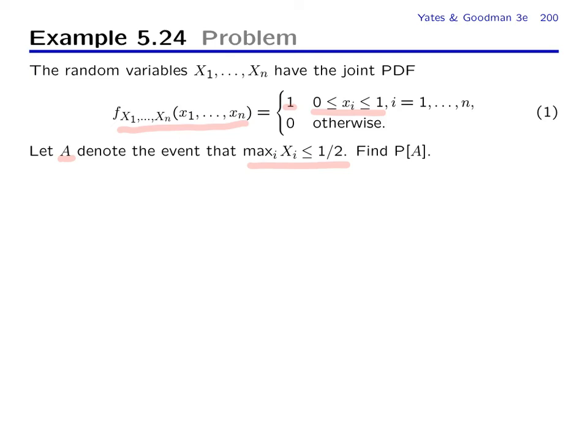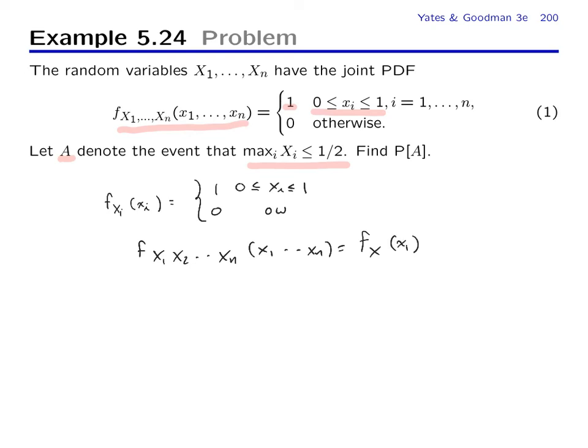The structure is that, in fact, each xi has PDF that's equal to 1 for xi between 0 and 1 and 0 otherwise. And the joint PDF of x1 to xn is equal to the PDF of x1, PDF of x2, up to PDF of xn.